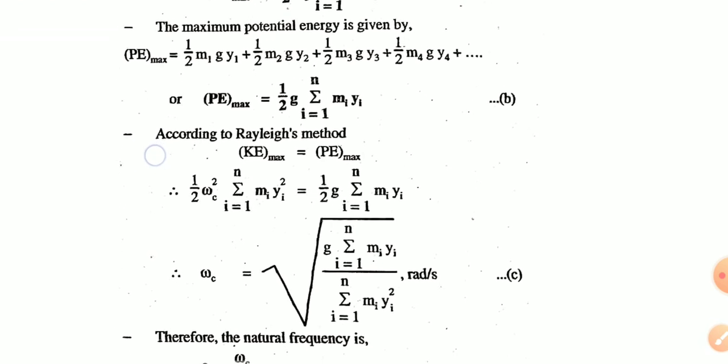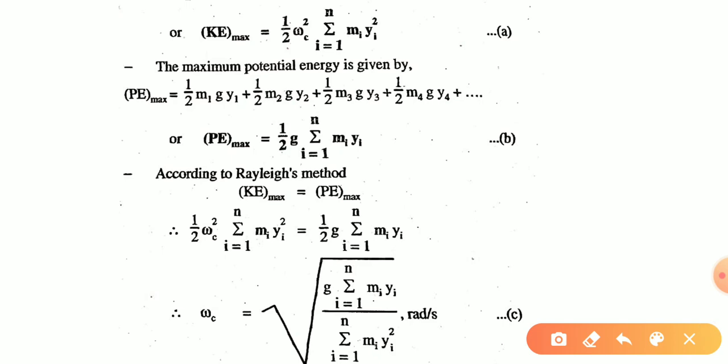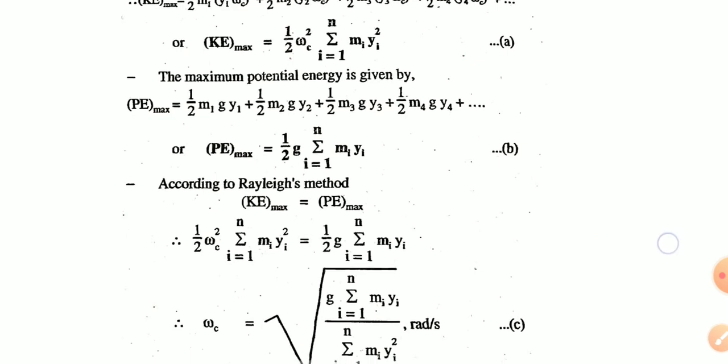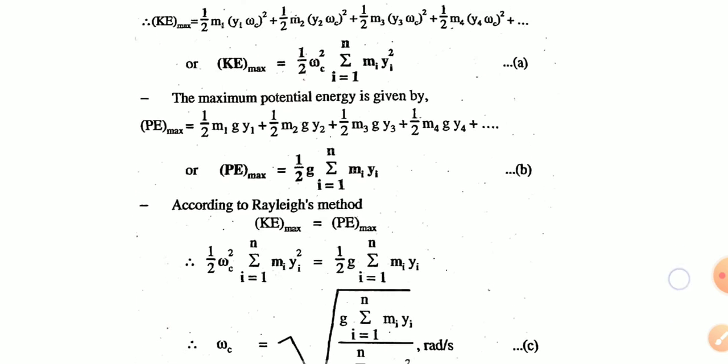the maximum potential energy, we know that the potential energy is mgh. Instead of h there is the y deflection of the shaft.